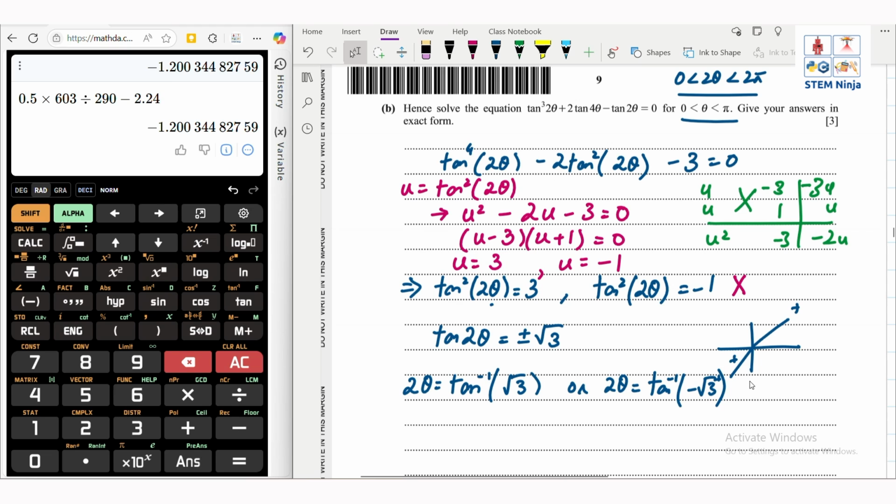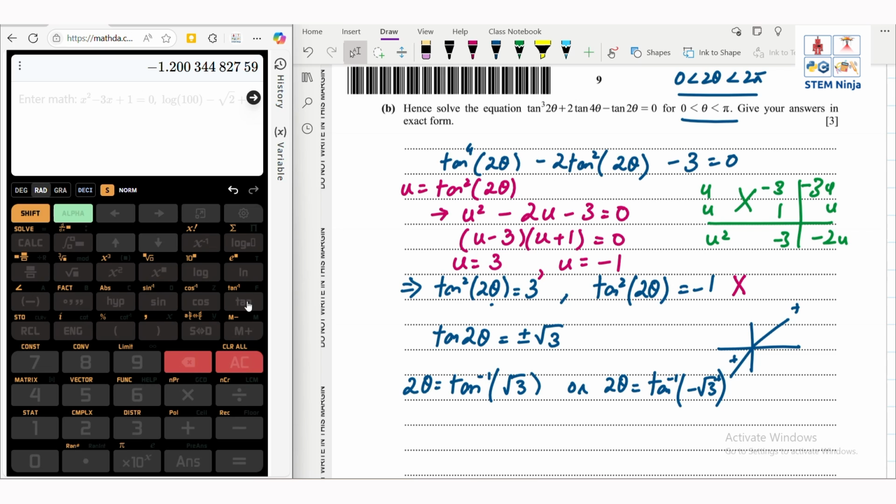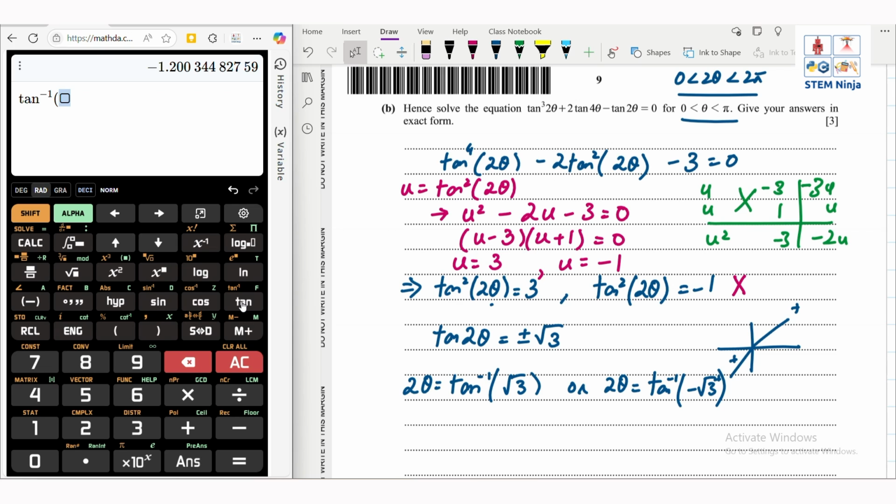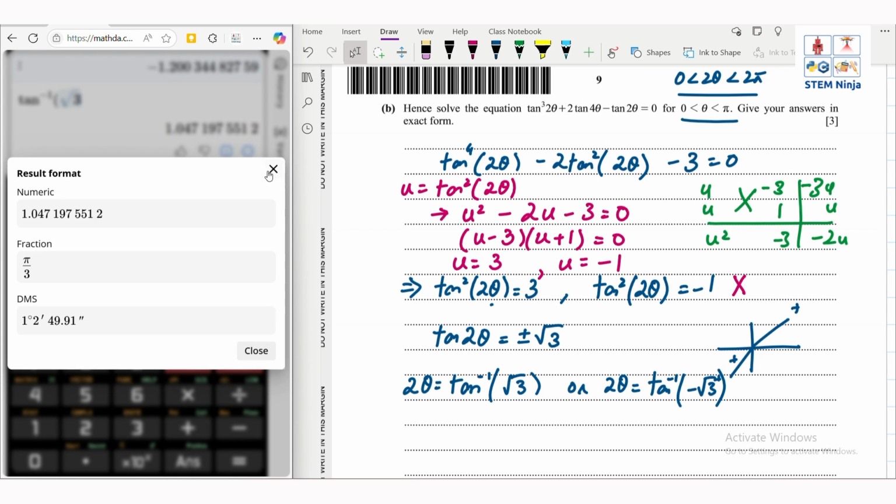So this would result in a positive answer. In radians, tan inverse of square root 3 would be pi by 3 basically. So pi by 3, and the other one would be pi plus pi by 3, so 4 pi by 3.